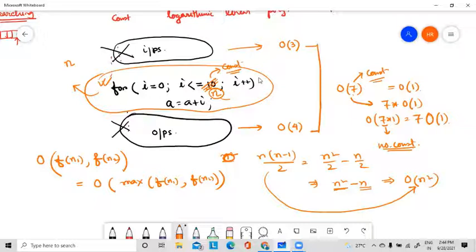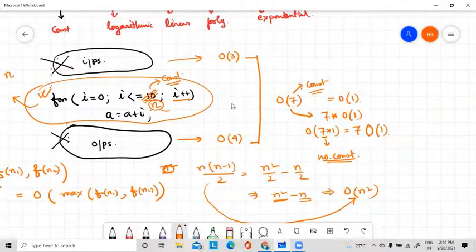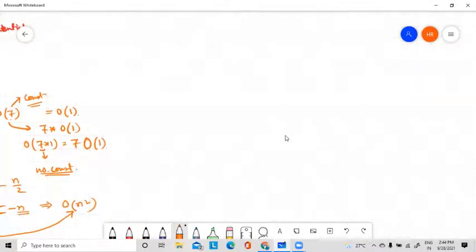So normally, if you are using a loop variable which is incremental or decremental, you can write it like this. Number 1: if my loop variable is constant, like i less than equal to 10, then my time complexity will be order of 1, constant time complexity.